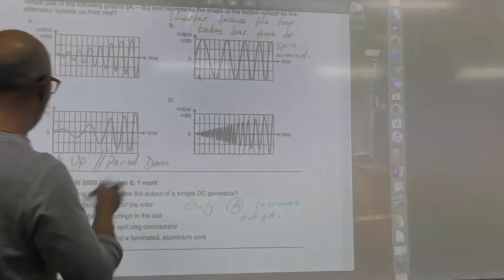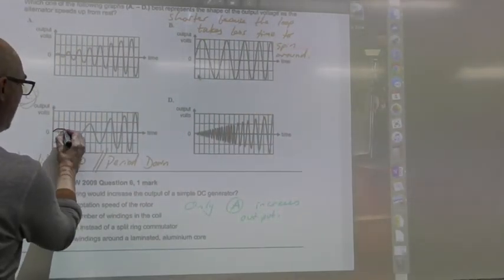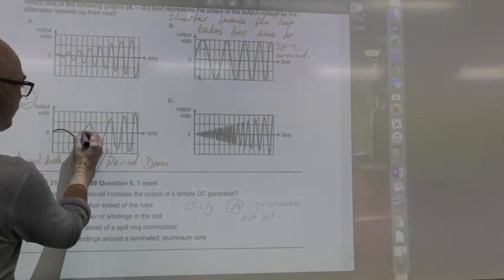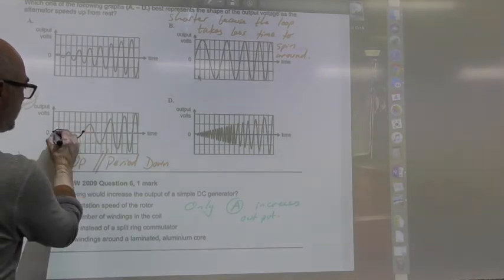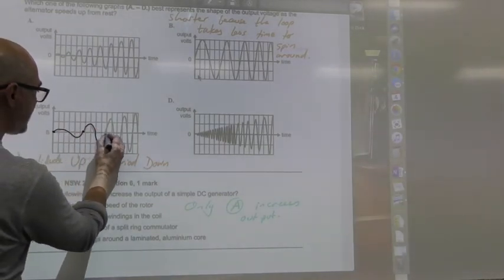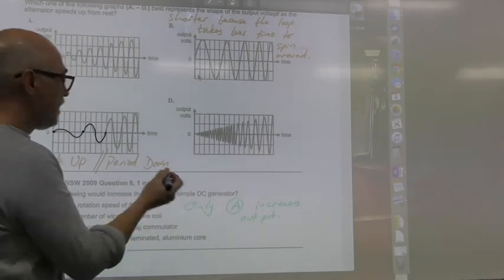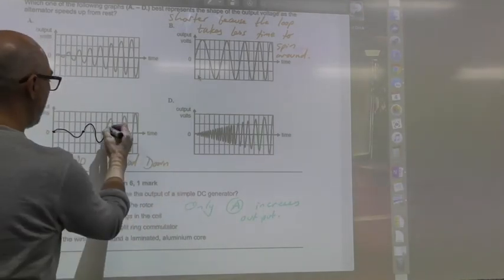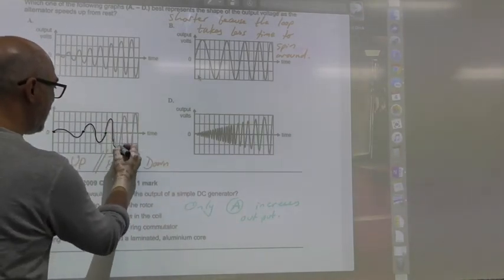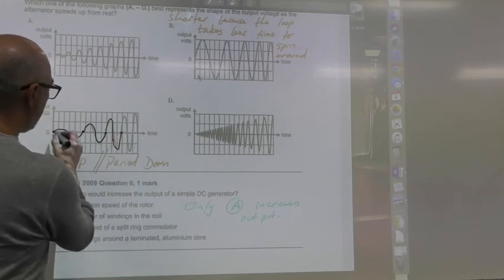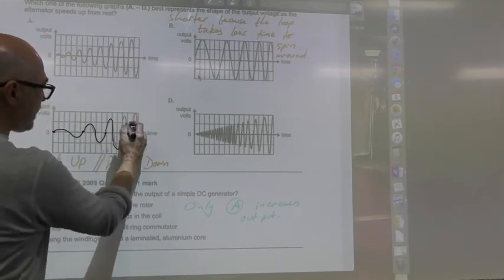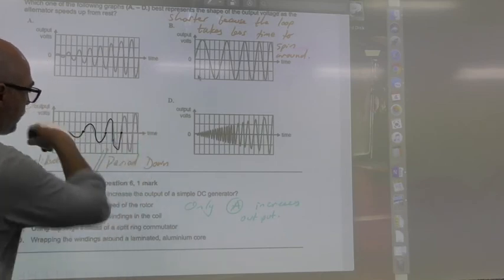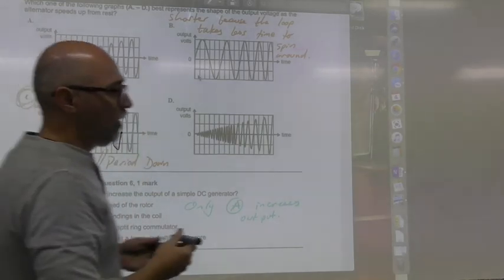So as you speed up, that is the period of the first cycle, one rotation. There's the period of the next cycle, so it's getting faster, so it's taking less time to spin around, and that is why this is the correct answer. There's a full cycle, full cycle, full cycle, and so on.